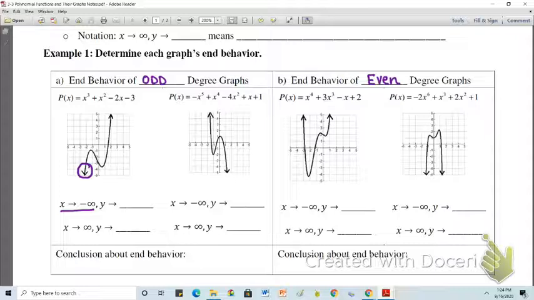So as x goes to negative infinity, y is going down. Therefore, y is going to negative infinity. Now if I look at the right side of the graph, so as x goes to infinity, I'm going to look at this little snapshot here. What is the end of the graph telling me it's doing? It is going up, which is a positive infinity.